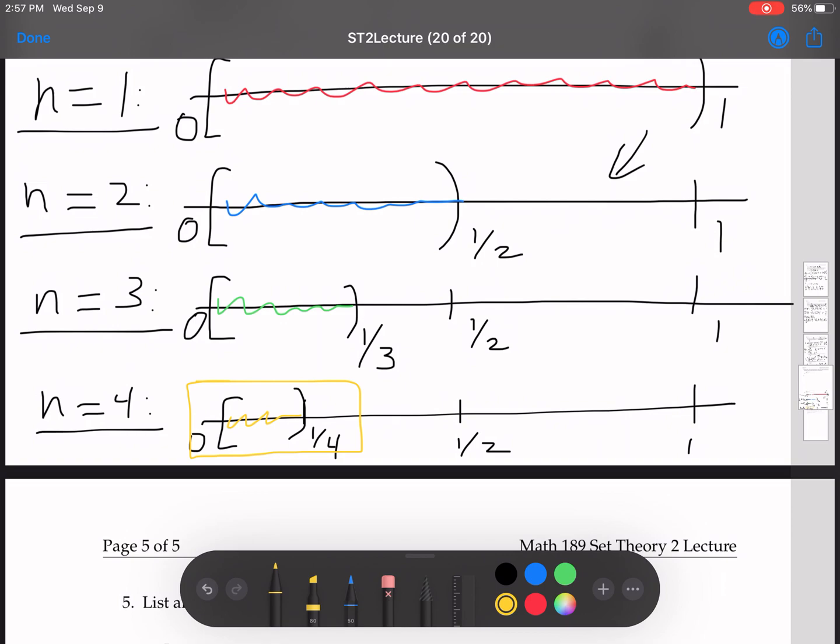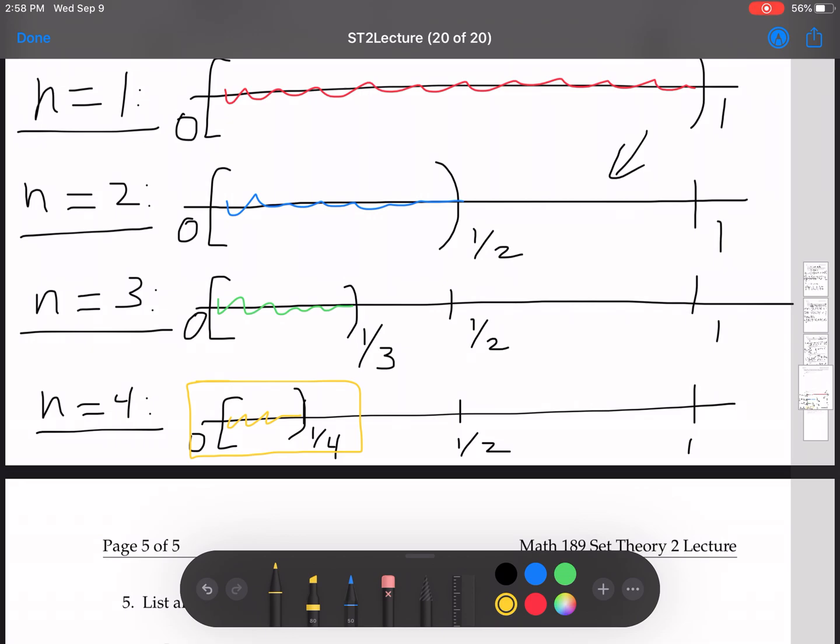And so that's going to keep happening over and over again. We're going to get smaller and smaller. You can think of it kind of like a limit, right? We're approaching 0, always getting closer to 0.